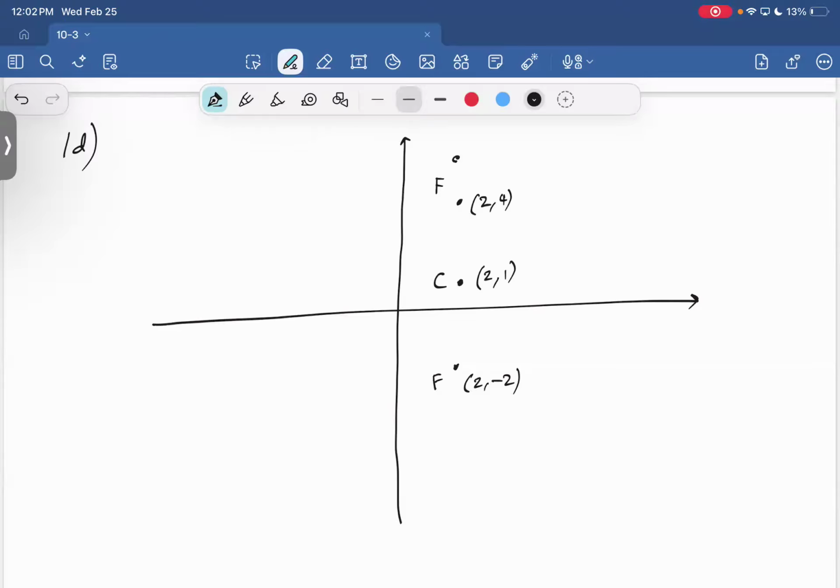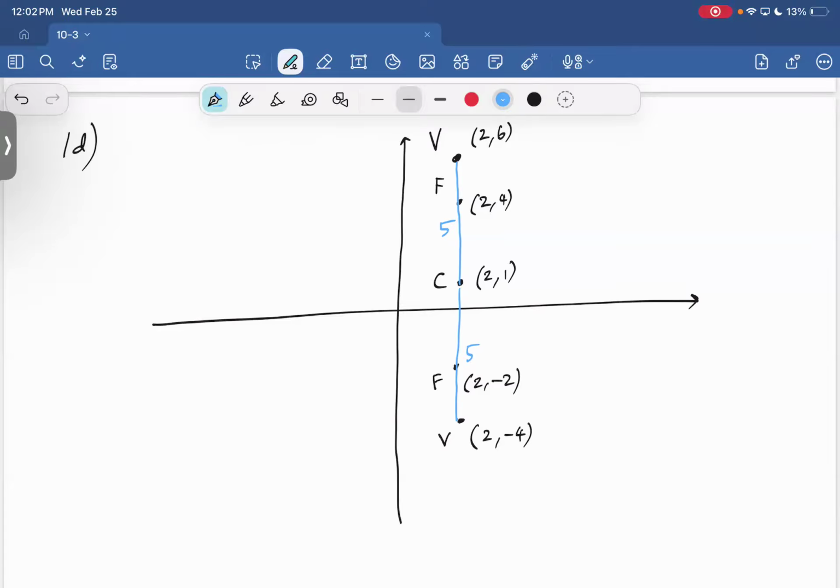And so that means that one vertex must be here at (2, 6), because that's 5 units above the center. And that means the other vertex must be at (2, -4), because that's 5 units below. Okay?